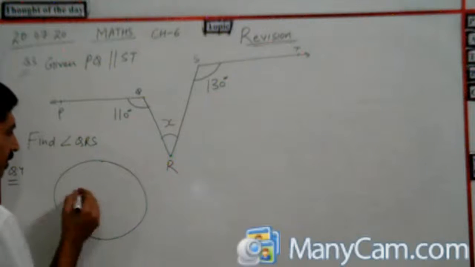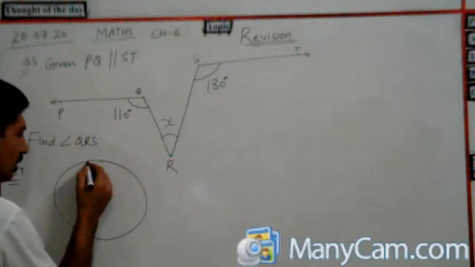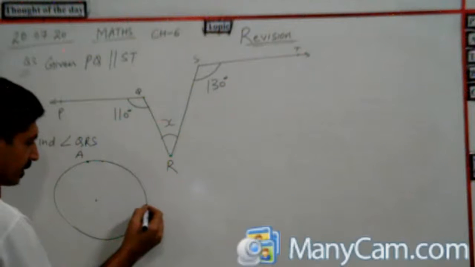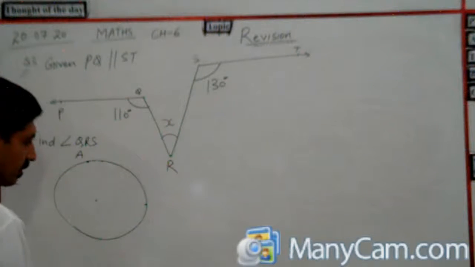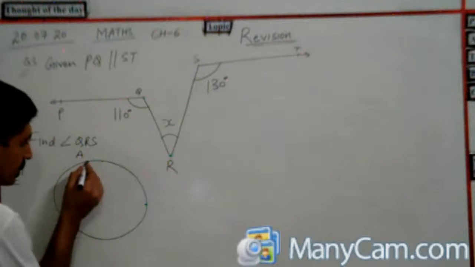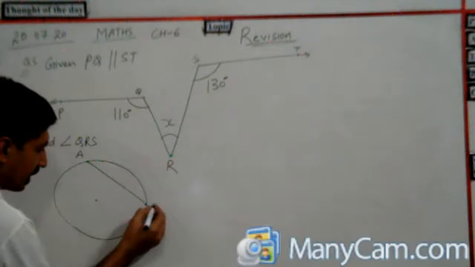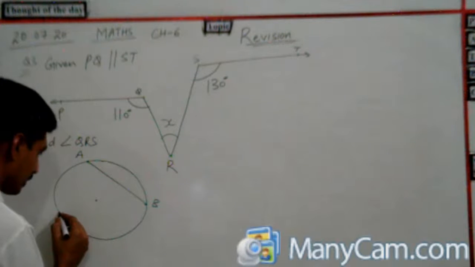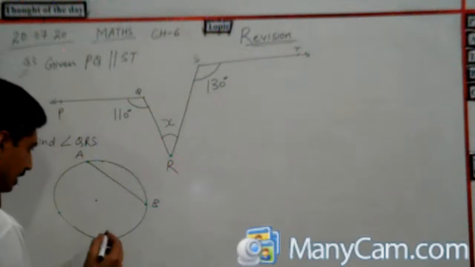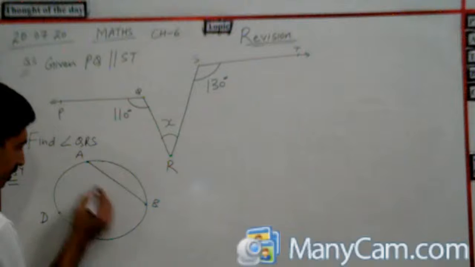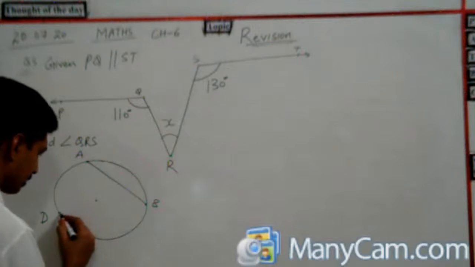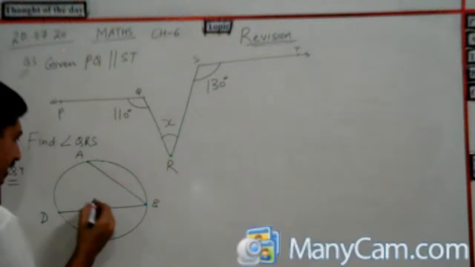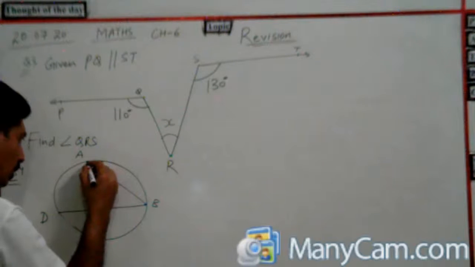I have point A here, point B, and AB, and C point here, and this point is D here, and here we have the center O.